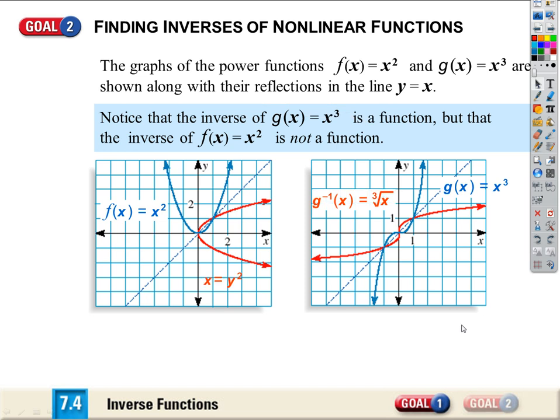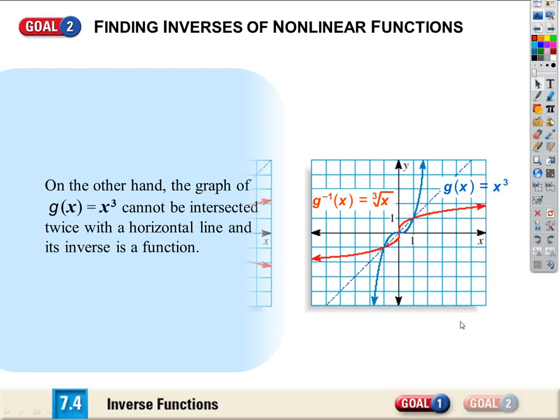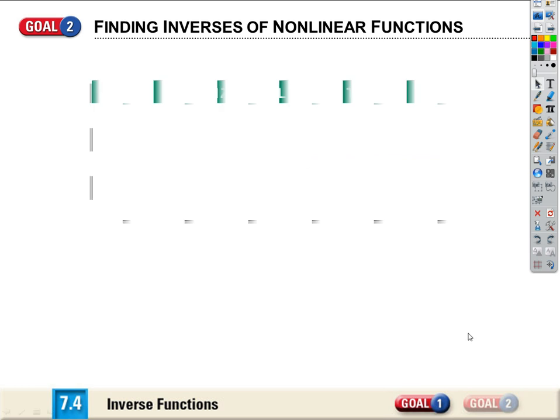And what we find is this horizontal line test. If no horizontal line intersects the original more than once, then we're guaranteed that the inverse is going to be a function. It's going to pass the vertical line test. Make sense? Okay. That's it.